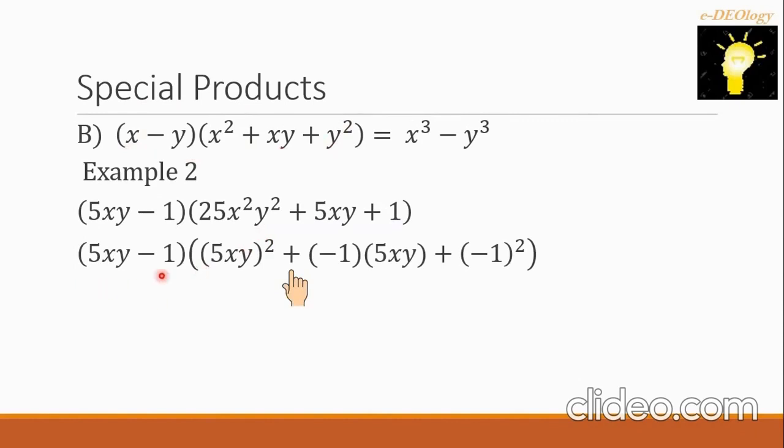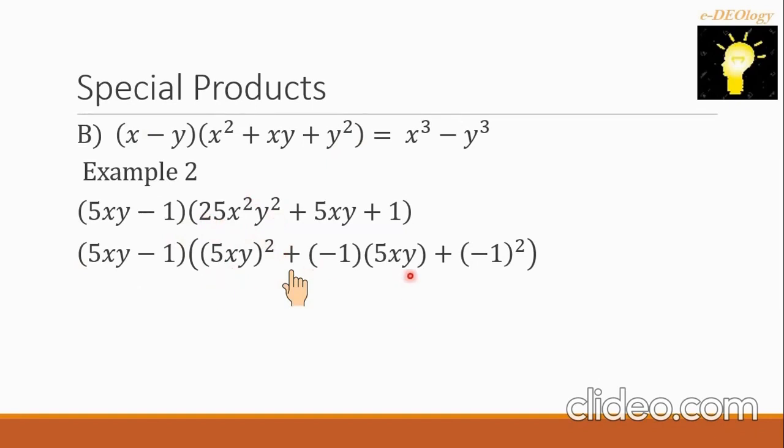So there is no issue with our binomial. We simply copy that. Now for the trinomial, we will check one by one. The first term must satisfy that this is the square of the first term, the 5xy. So this 5xy, if we square this, we will get back to the 25x squared y squared. So the first criterion is met.